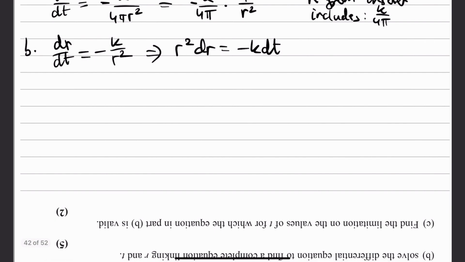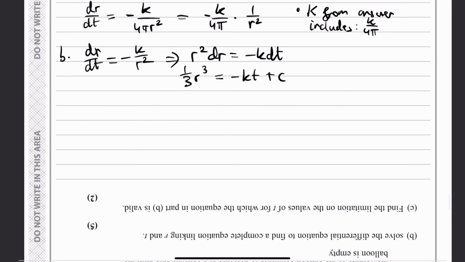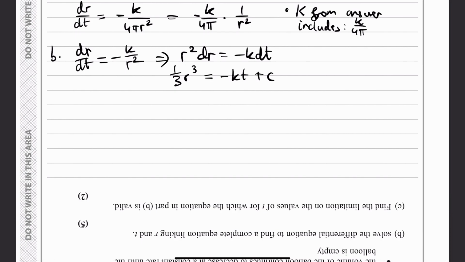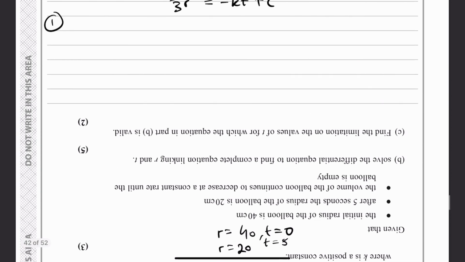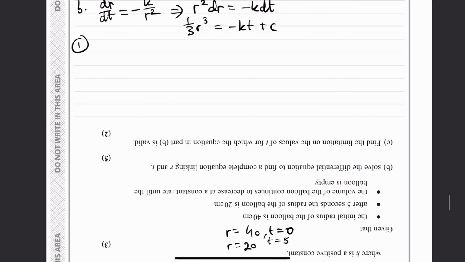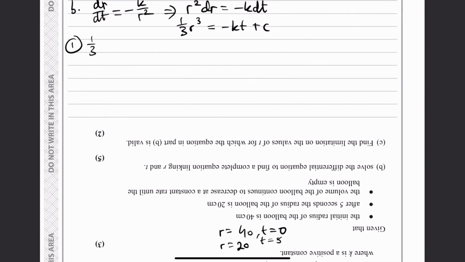Integrate both sides, you get 1/3 r cubed is equal to minus kt plus c. Now you want to solve for both k and c, so you can just plug in these constants. So when t is 0, 1/3 of 40 cubed is equal to c. So c is just equal to that, which is going to be what?